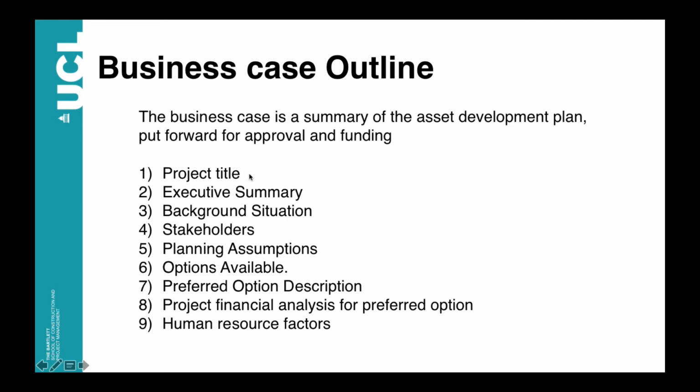First, the project title, later an executive summary summarizing the key points of the project, background situation, which is basically the contextualization of the project, stakeholders, we need to identify and provide an initial evaluation of the different stakeholders, the assumptions that we are considering for planning, which are the different options that we are considering, and which is our preferred option.